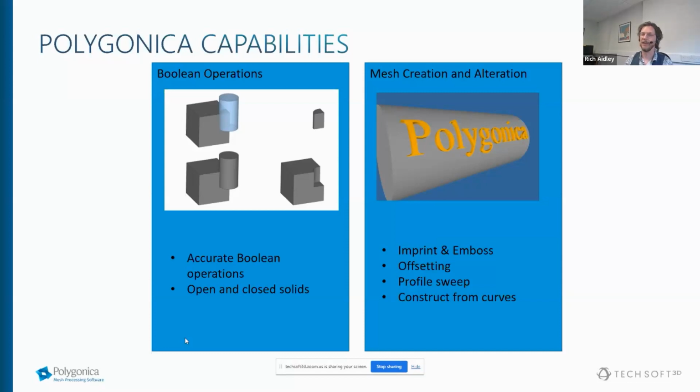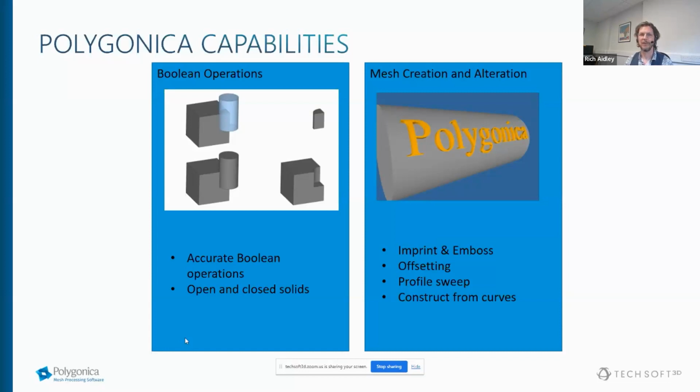And lastly, on these slides, we have mesh creation and alteration. Nobody's expecting to make a modeling program with Polygonica, but you might well be adapting things which you've loaded in. So, for example, sweeping profiles or adding text to things via embossing and so on. So it's got the capability to adjust what you've brought in.